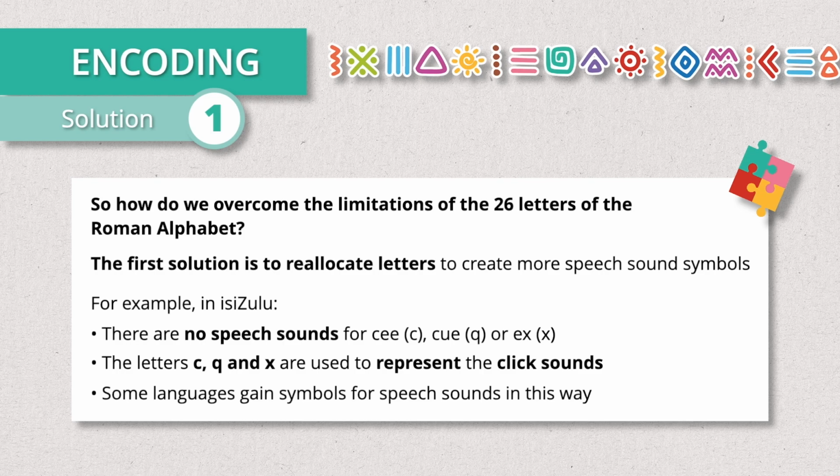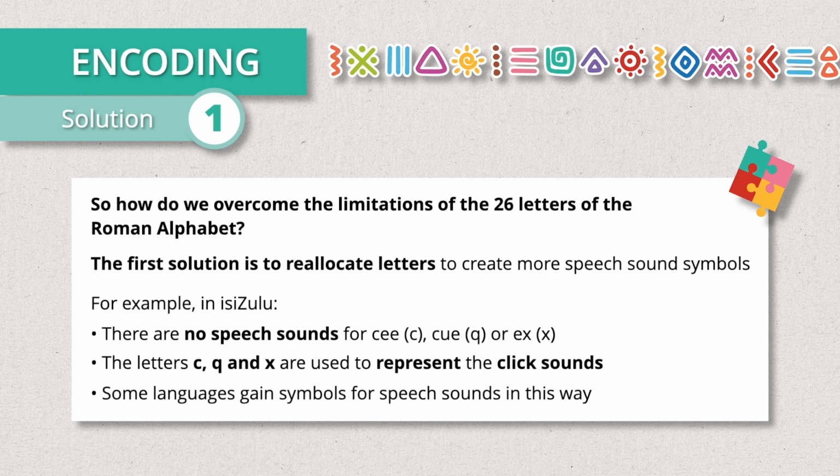The first solution is to reallocate letters to create more speech sound symbols. For example, in isiZulu, there are no speech sounds for C, Q, or X. The letters C, Q, and X are used to represent the click sounds.